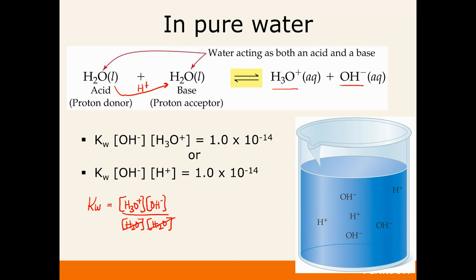The next slide goes through a little more detail on that. This will equal what's called Kw, which is a very small value of 1.0 times 10 to the negative 14. So the equilibrium constant for this process is very, very tiny.